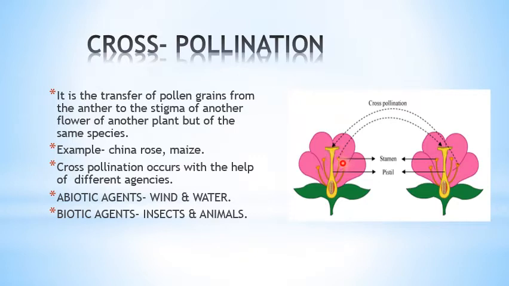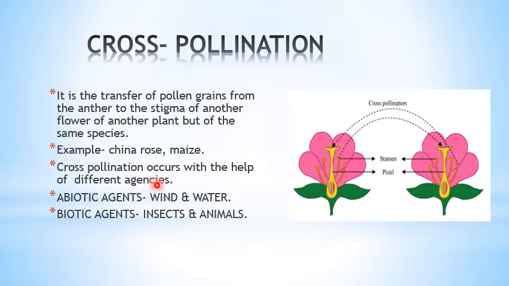The pollen grains are transferred from the anther of this flower to the stigma of this flower, which is a different flower or a different plant but of the same species, such as hibiscus, China rose.